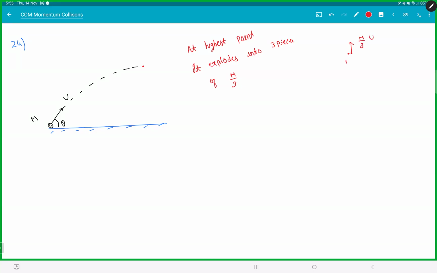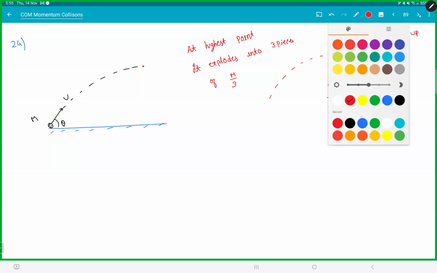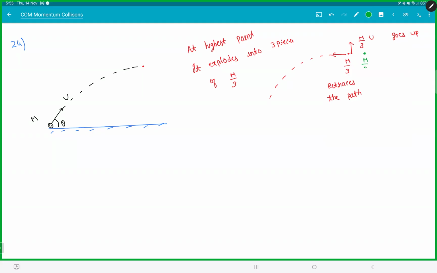Another m by 3 retraces the path. The other m by 3, we have no clue what it does. The question is, find the velocity of the third piece.